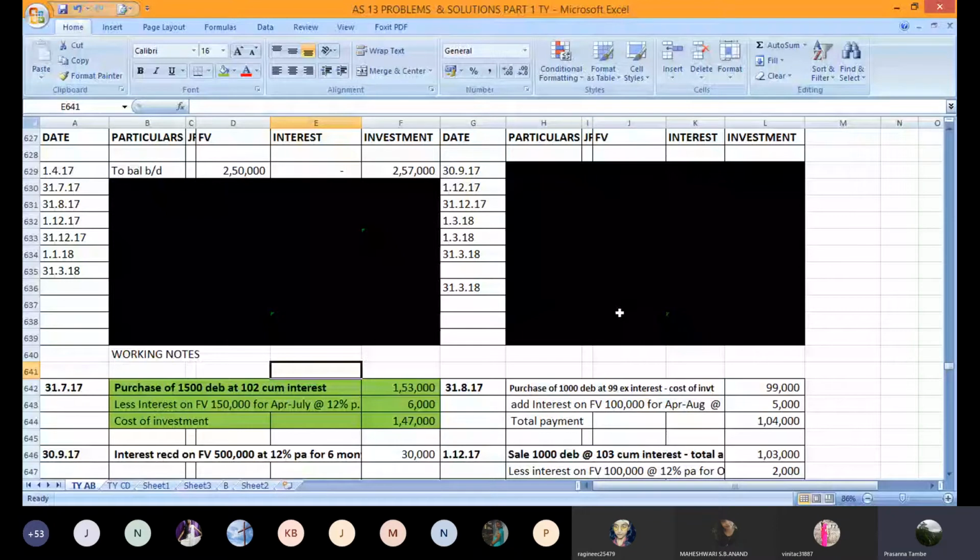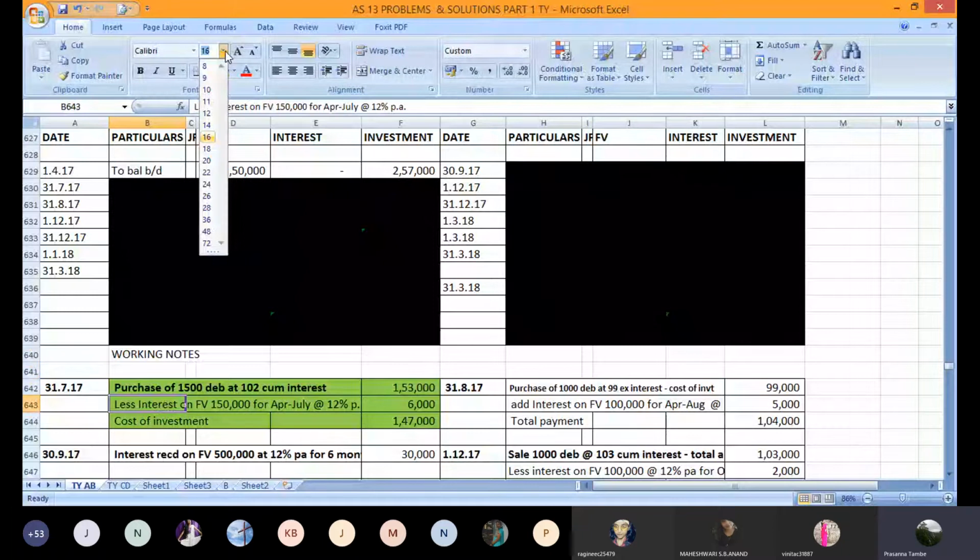Our face value is 1,50,000. And as we just referred, there are 4 months, April, May, June and July, for which the interest is included in this price. So on a face value of 1,50,000, 4 months interest at 12% per annum, if you calculate, it comes to 6,000 rupees. All of you check whether it is 6,000.